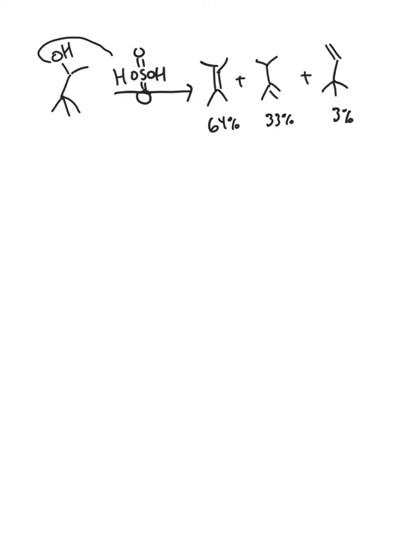So for all 3 of them, the first thing we have to do is protonate our alcohol to make it a good leaving group. Then it leaves, and this happens for all 3 compounds. There is no change in the first 2 steps of the mechanism for both of them.